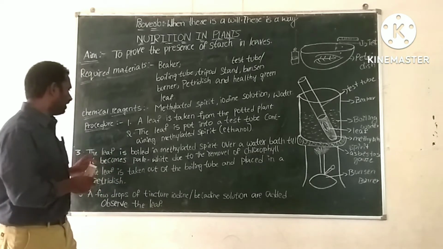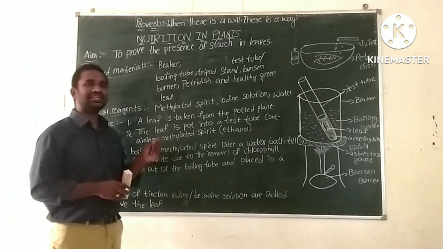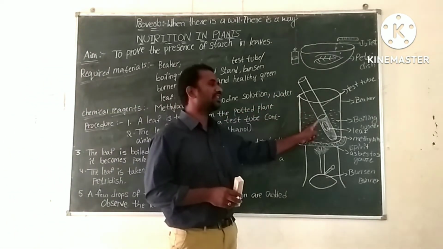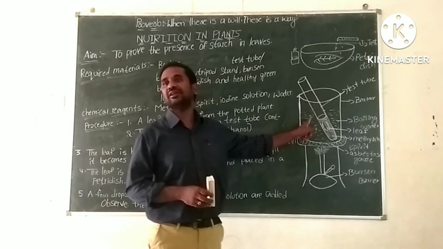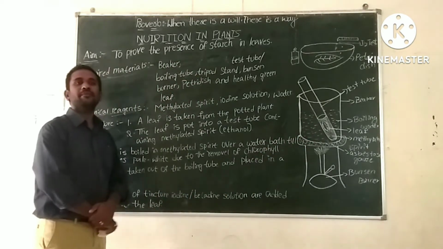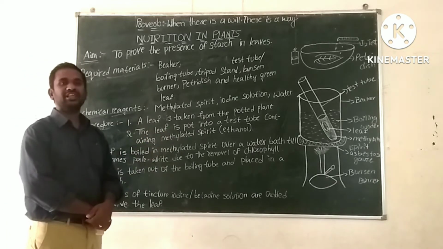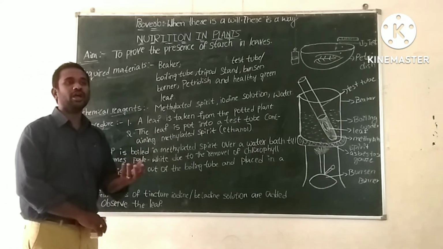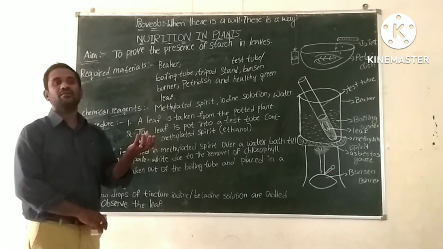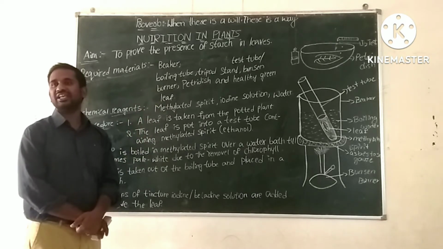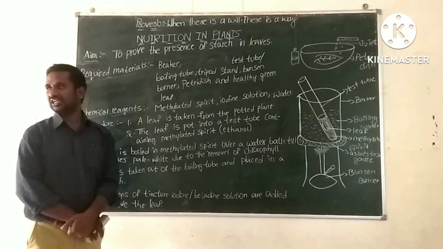Next, the leaf is boiled. Now we will keep this test tube in a beaker containing water. Then we flame the Bunsen burner and boil the beaker along with the test tube containing the leaf. Do you understand?